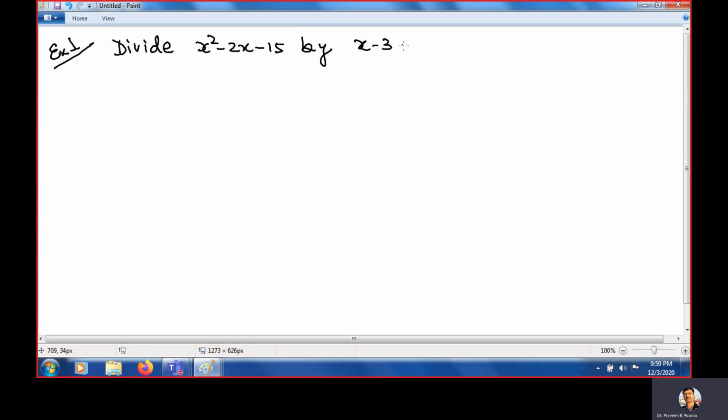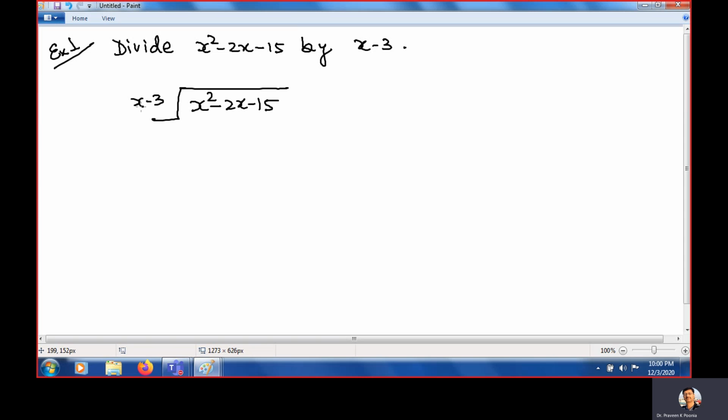This is the question. You need to divide x square minus 2x minus 15 by x minus 3. So how are you going to do it? Look, first write here x square minus 2x minus 15.